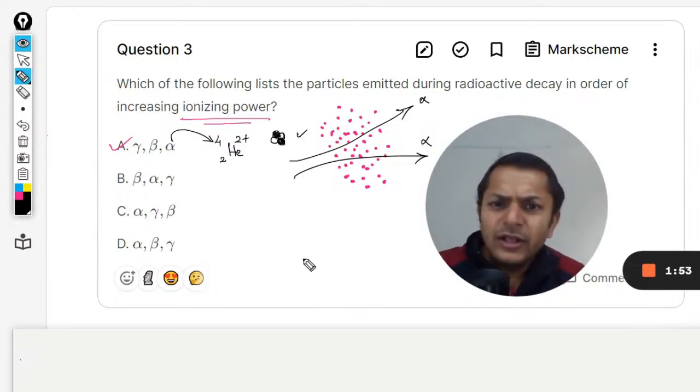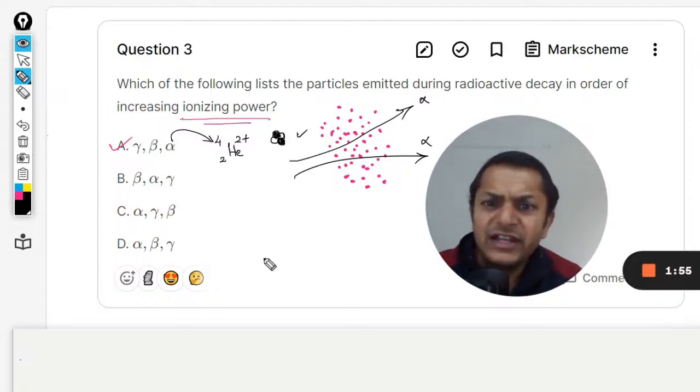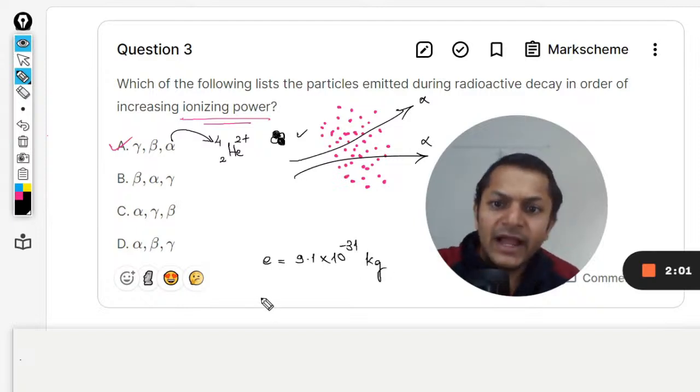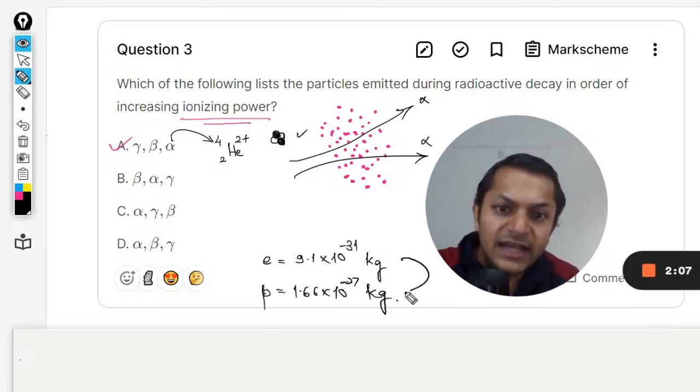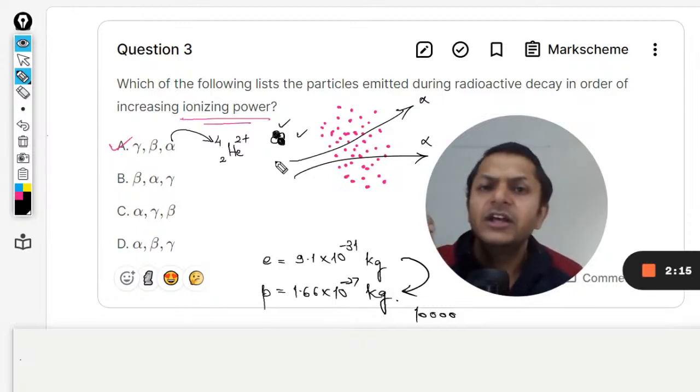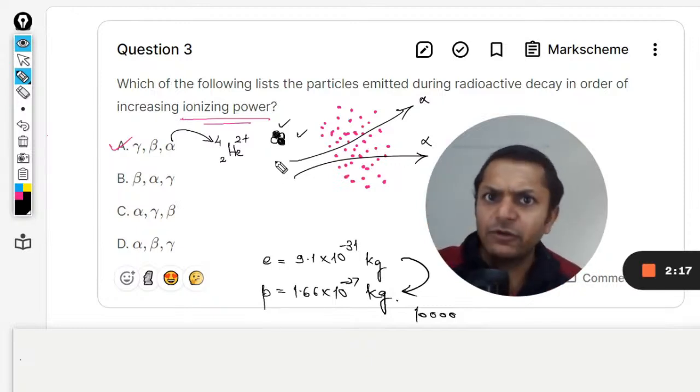Now the mass of an electron is really very small, about 9.11 times 10 raised to power minus 31 kg, and the mass of one proton is about 1.66 times 10 raised to power minus 27 kg. It means that a proton is already about 10,000 times heavier than an electron. But the nucleus has 4 such particles, and the mass of a proton is approximately equal to a neutron.